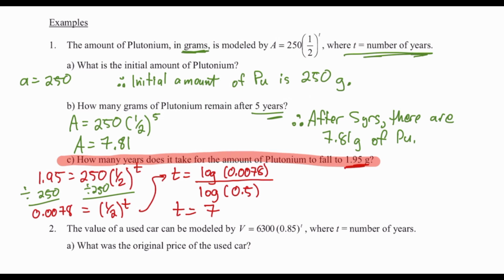T is going to equal about 7. Therefore, and I'm just going to write a really short concluding statement because I don't want to spend too much time on these questions. Therefore, it will take t equals 7, and t is number of years, so it will take 7 years.